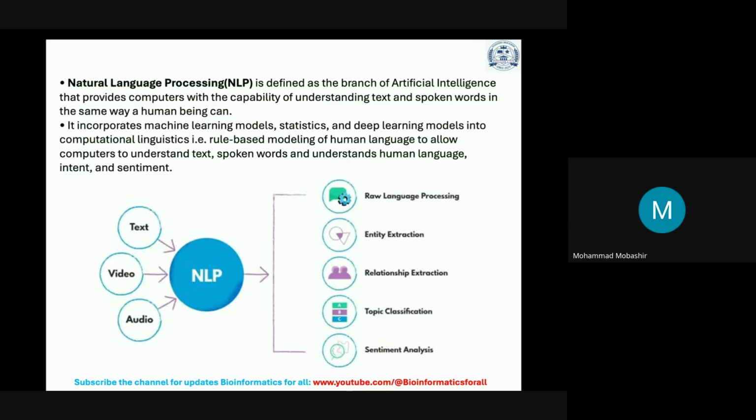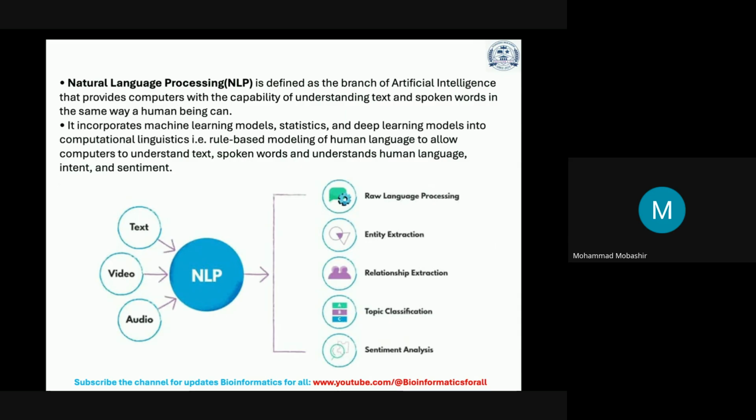Now, what you can process by using NLP: text version, video version, audio version. And what could happen here during NLP? That is raw language processing, entity extraction, relationship extraction, topic classification, and sentiment analysis.